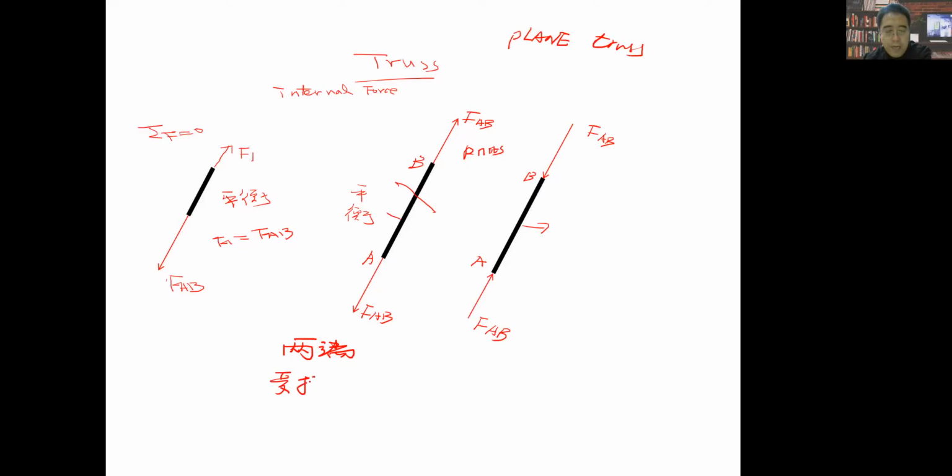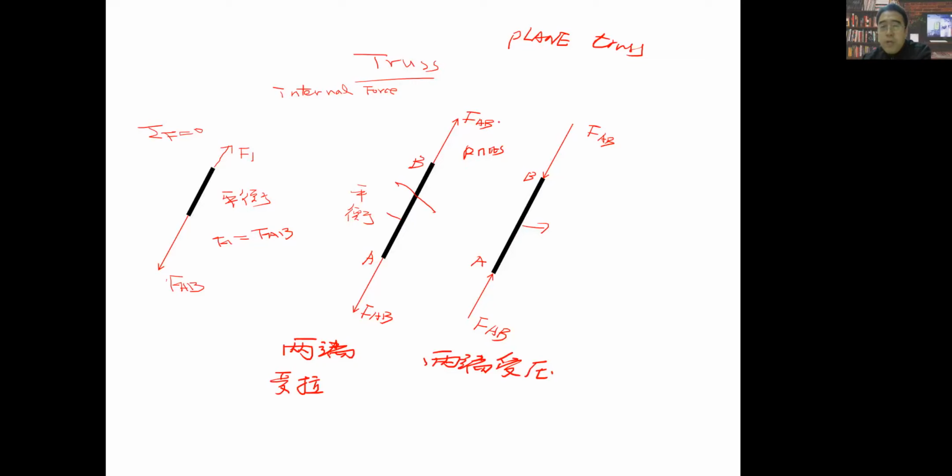Another case is that this FAB and this FAB try to push A and B toward one point. In Chinese we call that 两端受压. In this condition, these two forces try to shorten the length of AB a little bit. Although this will not happen because we treat AB as a rigid body, these two forces are trying to put them together.